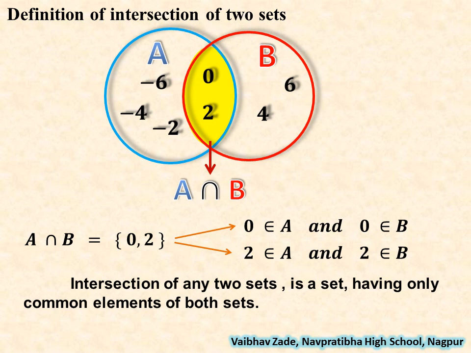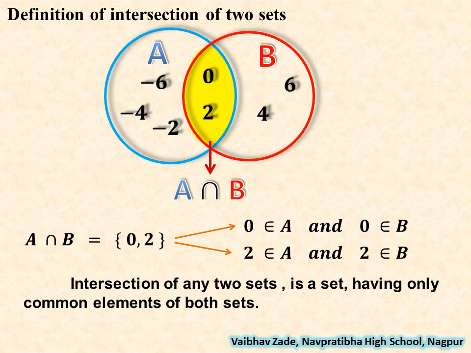So we have to define the intersection of two sets. How will we define it? Just look at it. 0 belongs to A and 0 belongs to B. 2 is also an element of set A and an element of set B. So by using this, how do we define the intersection?